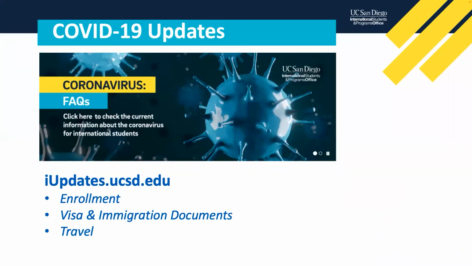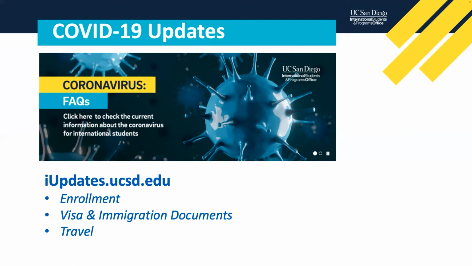So with that in mind, a couple of years ago, we created the coronavirus FAQs webpage on the ISPO website. If you go to iupdates.ucsd.edu, this page is still regularly updated. It talks about various different topics related to specifically international students, how the pandemic has impacted international students, and how any further updates might impact things for you.